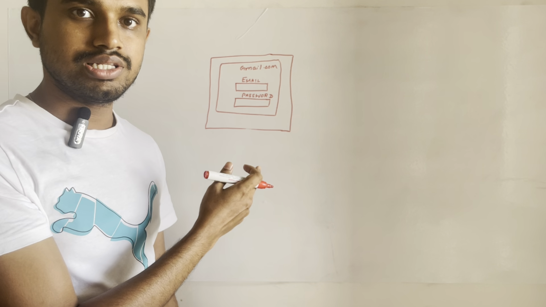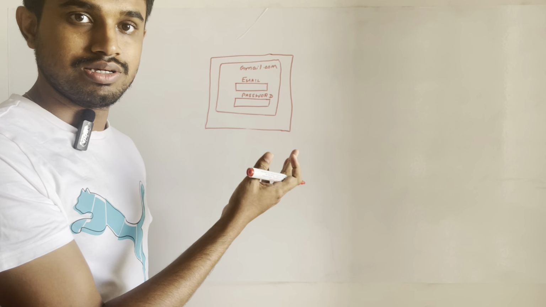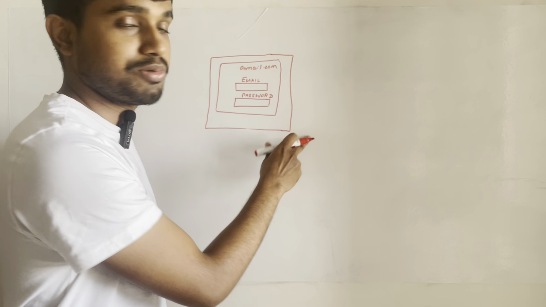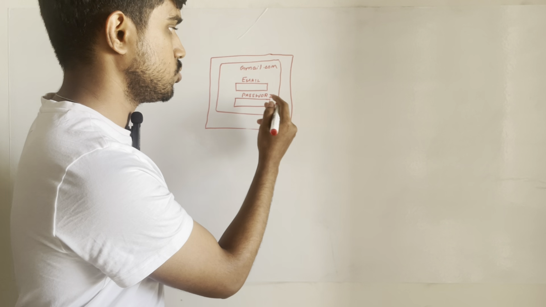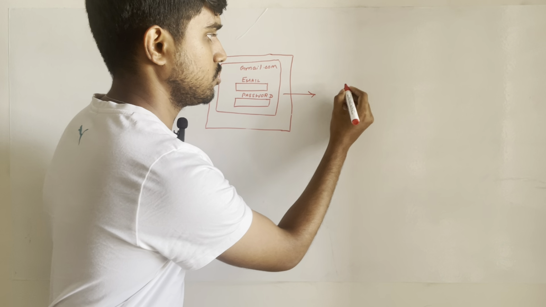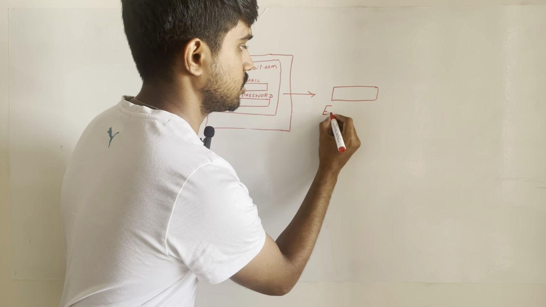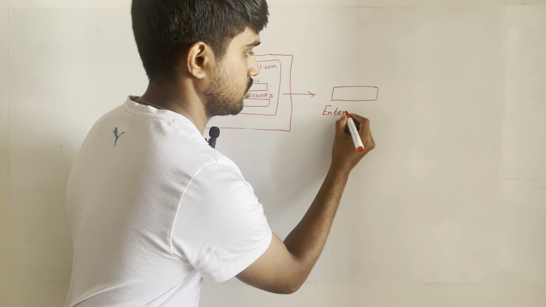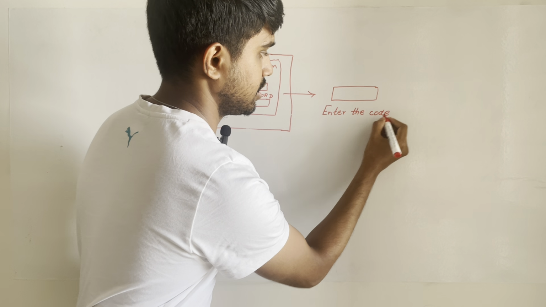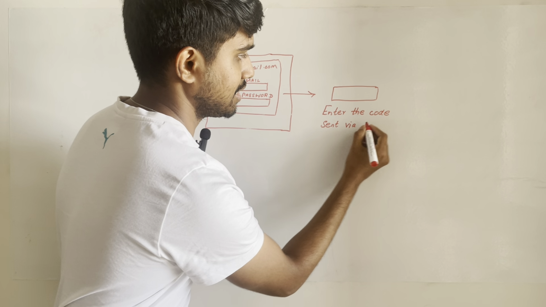So just to avoid this, a concept called two-factor authentication is enabled, which you might have seen for sure. What it asks you is to set up your phone number, which is one way. So when you enter your email and password, Google will ask you to enter the code sent via SMS.